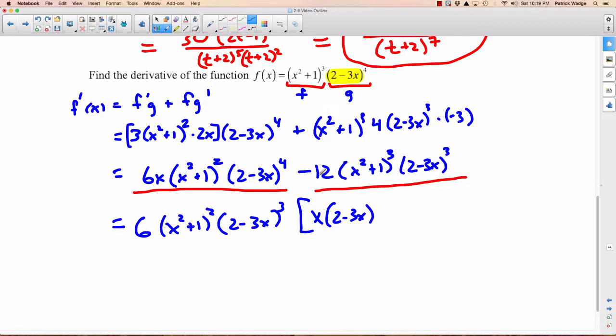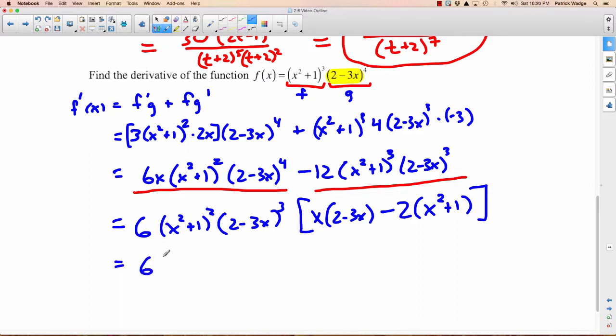Great. Now we look at the second red line. What do we have to multiply 6 by to get negative 12? Negative 2. What do we have to multiply x squared plus 1 squared by to get x squared plus 1 cubed? We need to multiply by another x squared plus 1. 2 minus 3x cubed, 2 minus 3x cubed. Great, we already have enough of that. So this is complete.